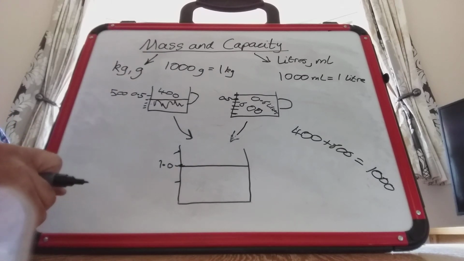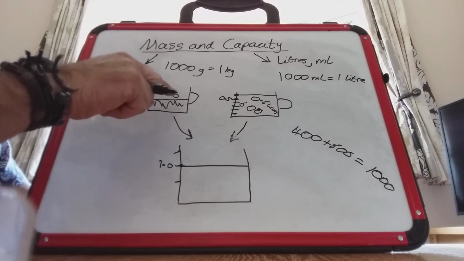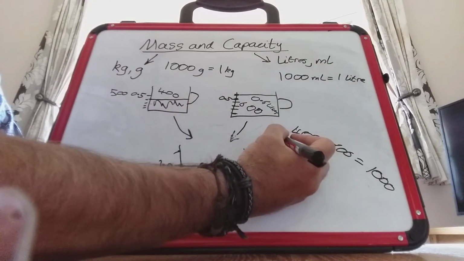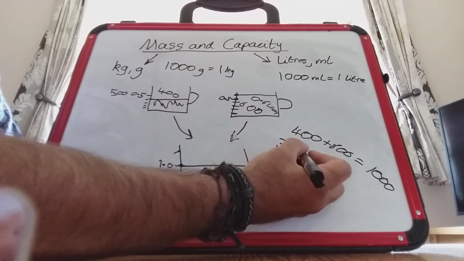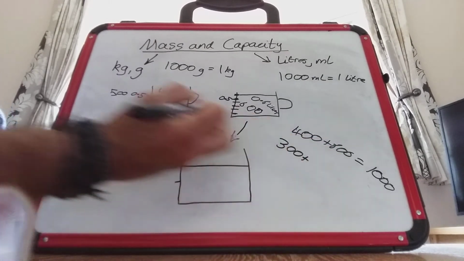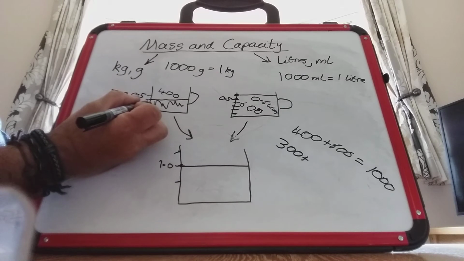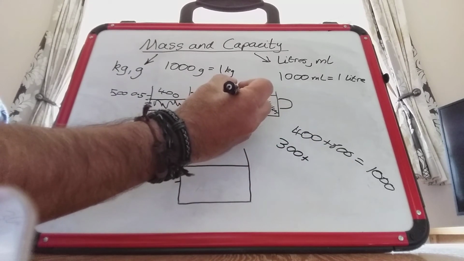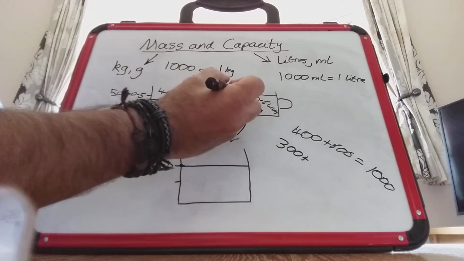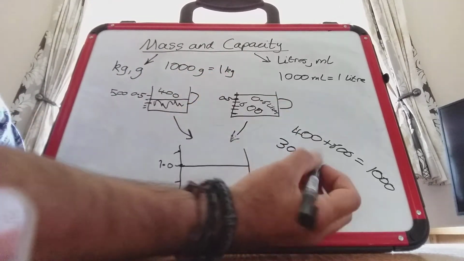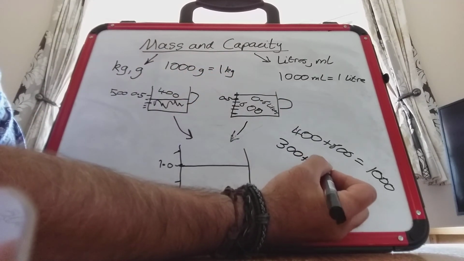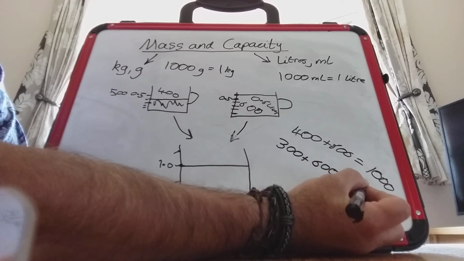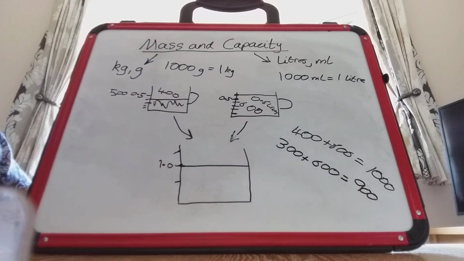Now let's suppose that instead of it being 400, it was 300 in the left hand cup, so that would be just here. And in the right hand cup, let's keep it where it is. It was 0.6, so that's 600. So the total then is 900 millilitres.